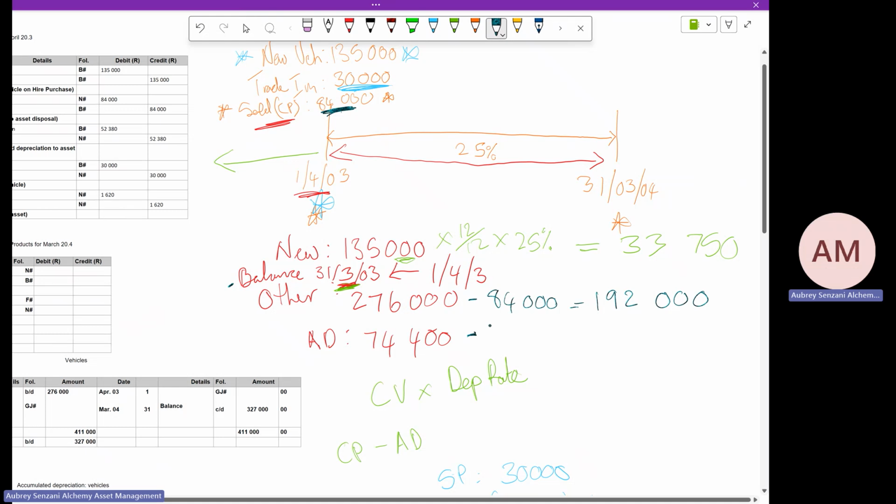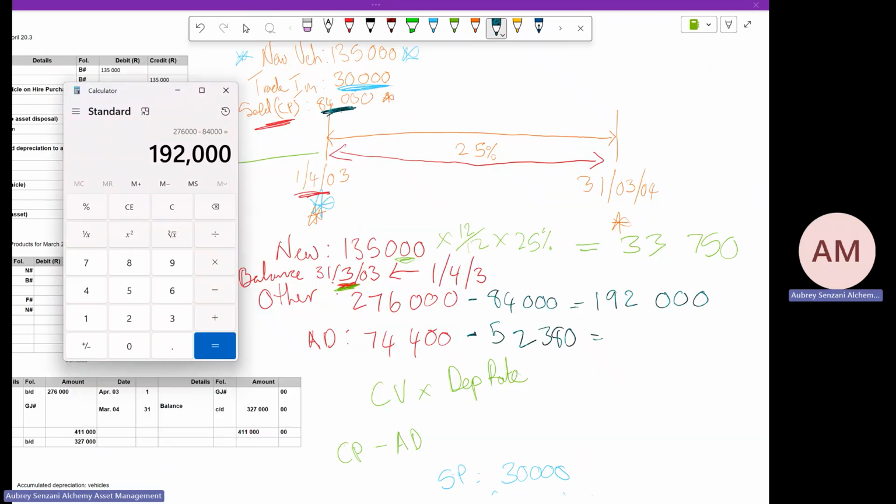So they told us the accumulated depreciation on the asset we disposed of was 52,380. So the accumulated depreciation on our vehicles that we have kept is then 74,400 minus 52,380.